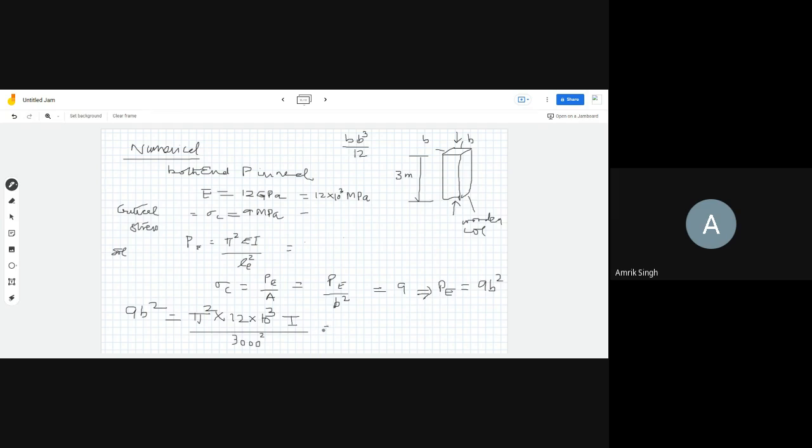So it will be pi square into 12 into 10 to power 3 into B to the power 4 divided by 3000 square.